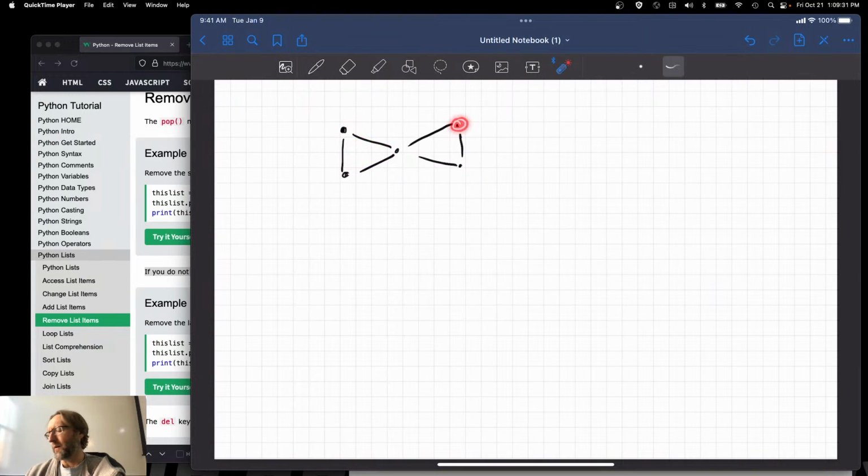All of these vertices were involved in some cycle. But what about this vertex? Nope. It's not involved in any cycle. So how could you detect that?